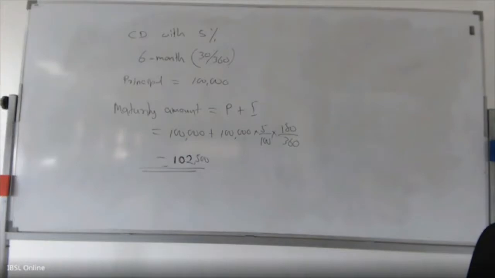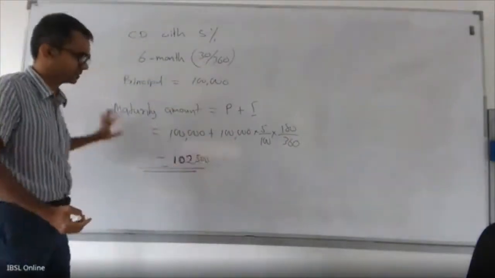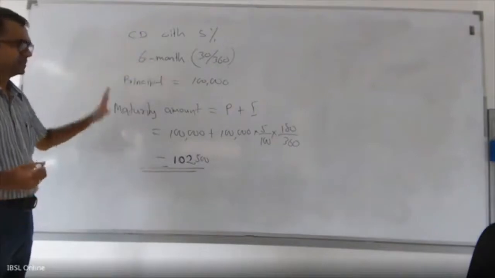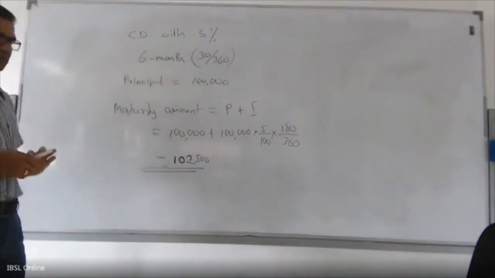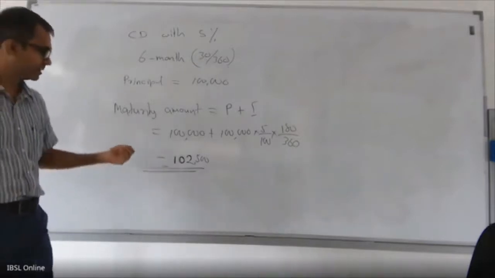When it is the non-tradable one, nothing more than that. You place money with the bank, get the deposit, wait until maturity, and present the certificate and get this back.